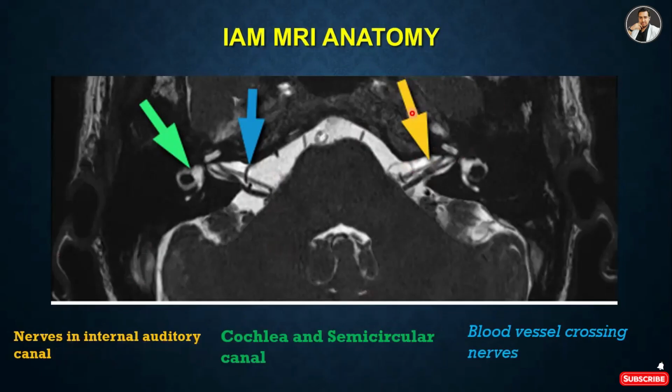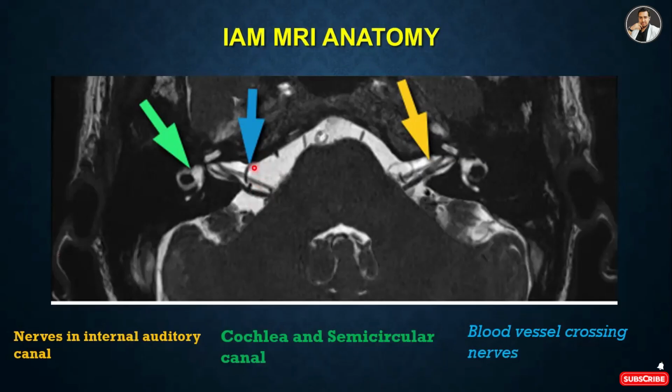The nerves are shown. The third nerve is in the internal auditory canal. Here we can see the cochlear and semicircular canal. The blue color is the blood vessel crossing the nerves. Blood vessels go through the nerves.